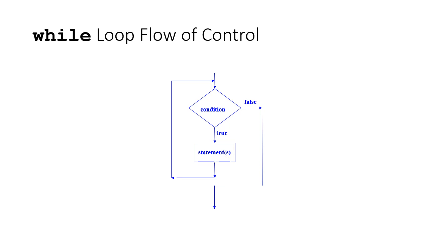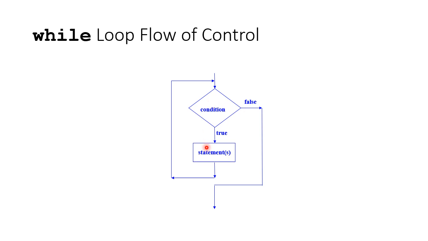Now this is the while loop flow of control. This is what you need to draw in your flowchart. First, you need to have your condition, represented by the diamond symbol. It means the condition is either true or false.